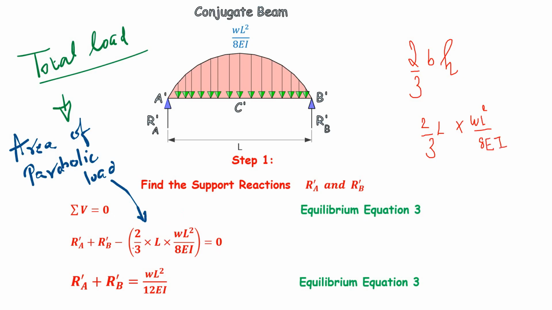This is mentioned here: 2 by 3 times L into WL square by 8EI, and this is the total load. Total load is nothing but the area of the load diagram. Now RA dash plus RB dash minus the total load is equal to 0. From this you get this expression, RA dash plus RB dash is equal to WL cube by 12EI.